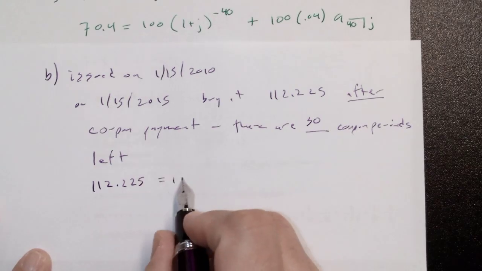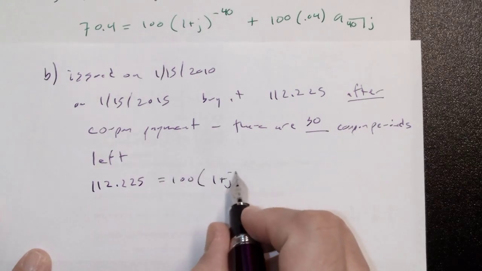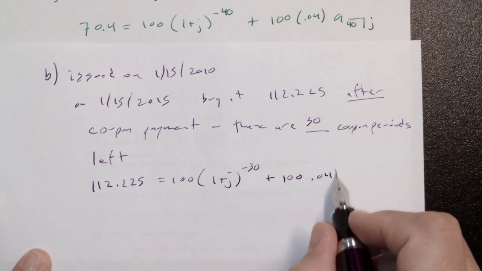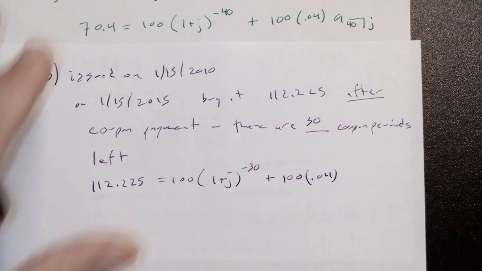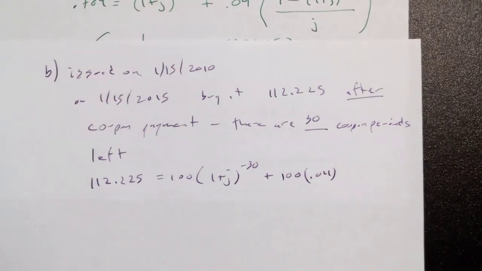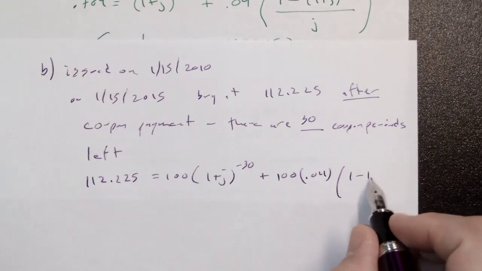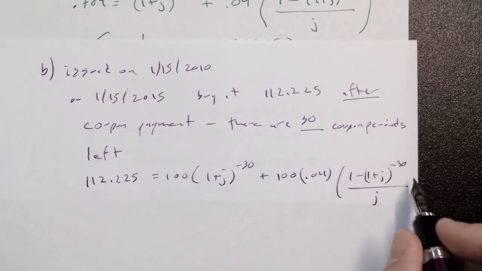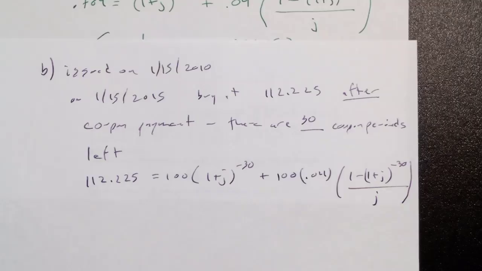112.225 equals 100, 1 plus j to the negative 30 plus 100 times 0.04. Let me write that part out. 1 minus 1 plus j to the negative 30 over j. And again, I'm not going to solve this by hand.